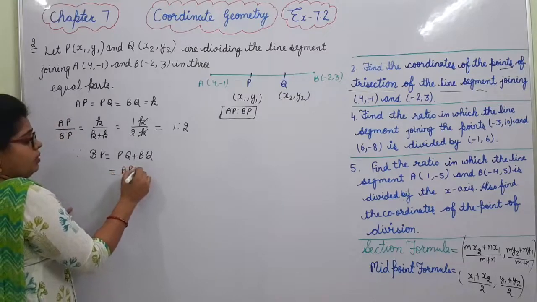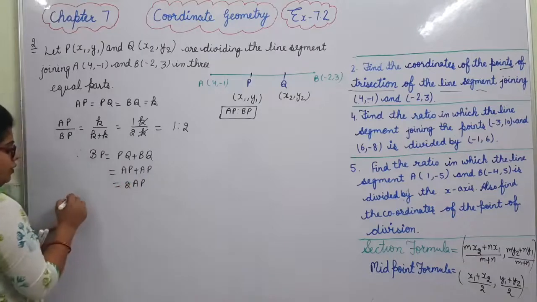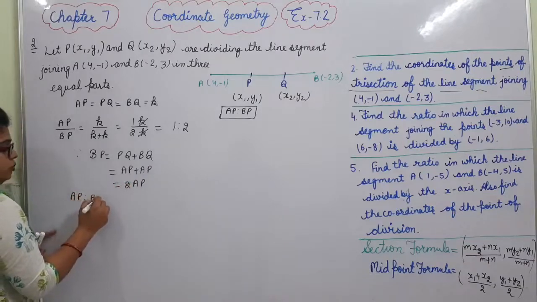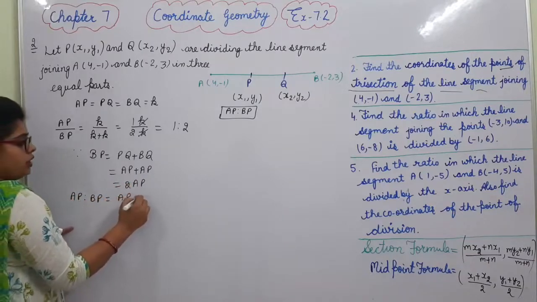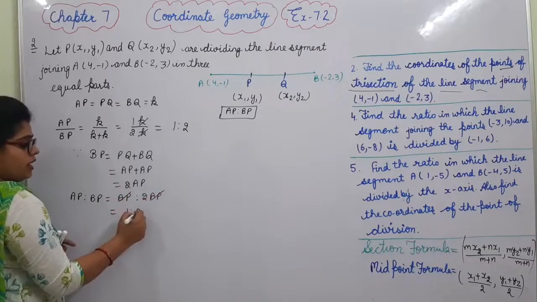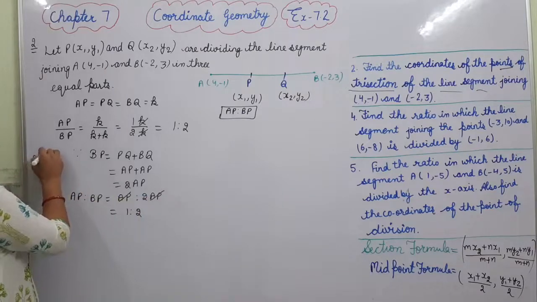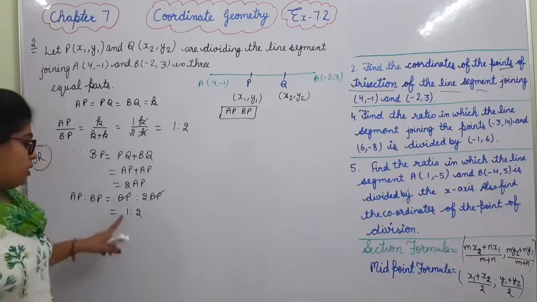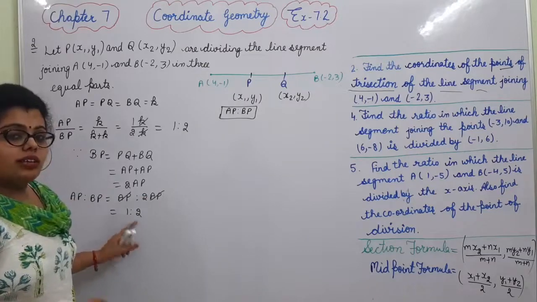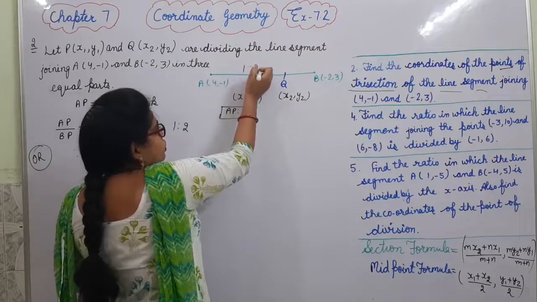Here AP plus AP, twice of AP, and we have to find the ratio of AP to BP, then AP to twice of AP. AP will cancel, then what will be left? 1 ratio 2. So dear students, you can use any method for finding this ratio. Now our ratio is 1 ratio 2.